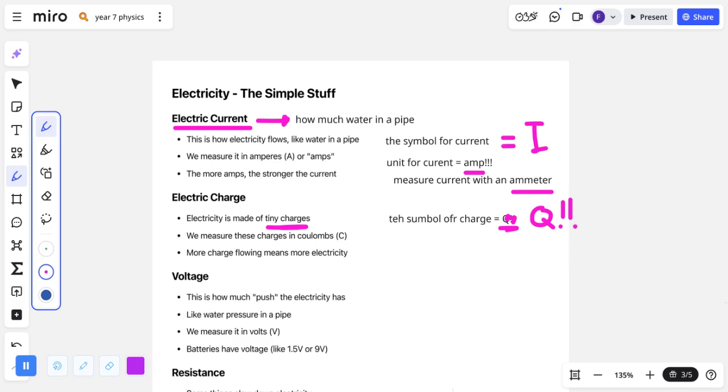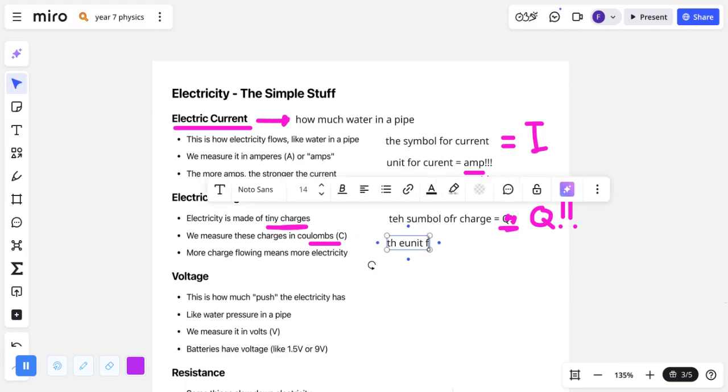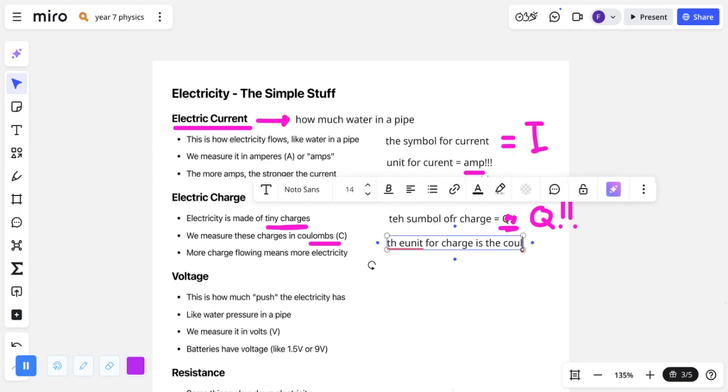It's like, but well, hold on. Whoa. What's this then? Because C stands for charge. No, it doesn't. That's the unit. The unit for charge is the coulomb, which has a symbol C. That's what we measure it in. All right.